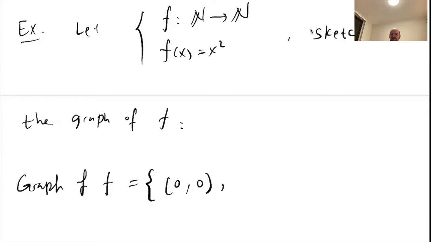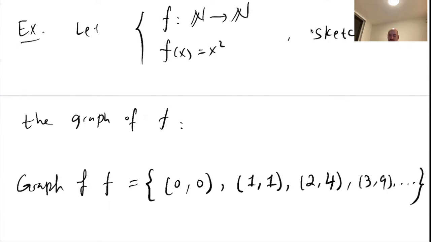Now the first element in the domain N is 0. So I start with (0, 0), the second coordinate is f of 0, which is 0. Next element is 1. Second coordinate has to be f of 1, which is 1 squared, and that's also 1. Next element is 2. f of 2 is 4, 2 squared, which is 4. And then (3, 9), and so on.